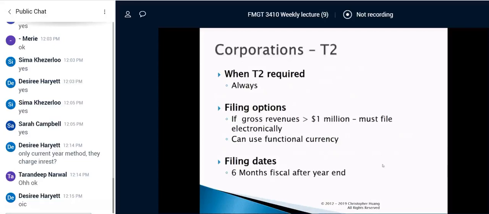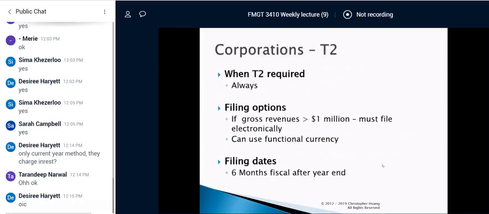Individuals, if, for example, you pay installments and then your final tax bill is higher than your installments, you have to pay that amount by the filing deadline, by April 30th. So for individuals, the date on which the final balance of tax is owing, which is your actual tax bill less what you paid in your installments during the year, that amount is due at the same time as the filing deadline.